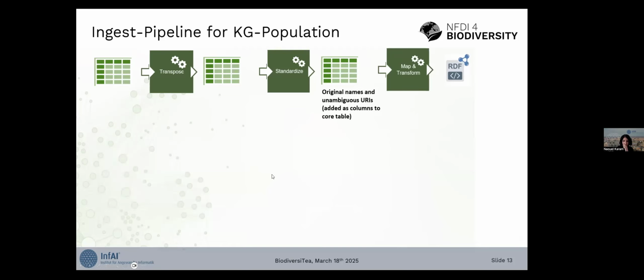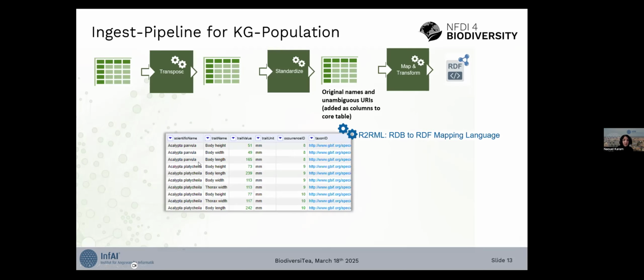So once we have these tables with URIs, we can do the mapping into RDF. For any table that has the structure of the ecological trait standard, we created a mapping that is an R2RML mapping. That is a mapping language for transforming relational database or tabular data to RDF.